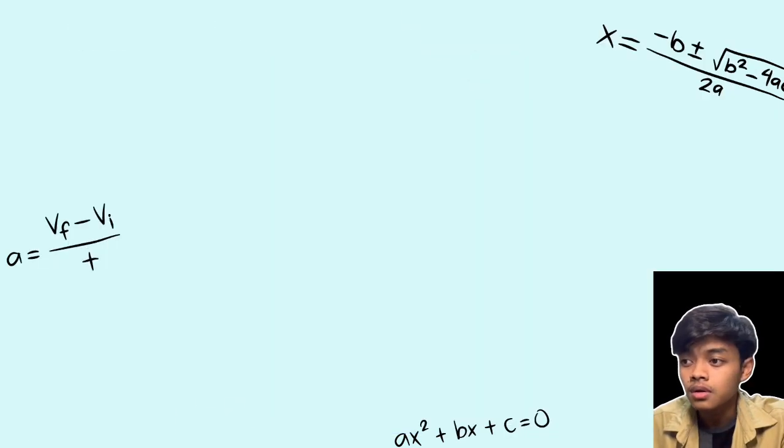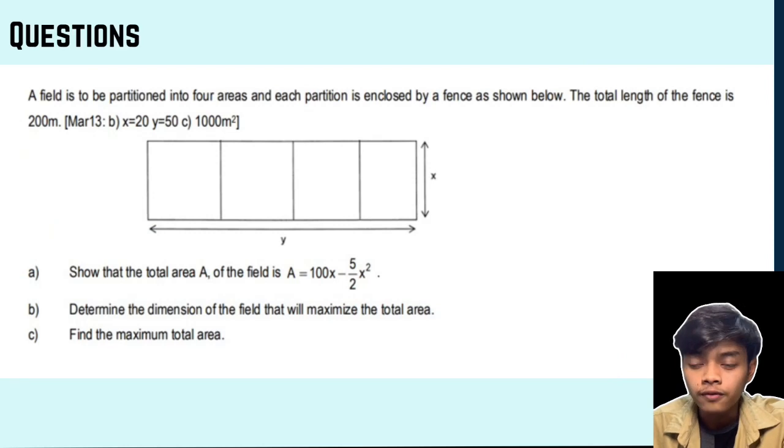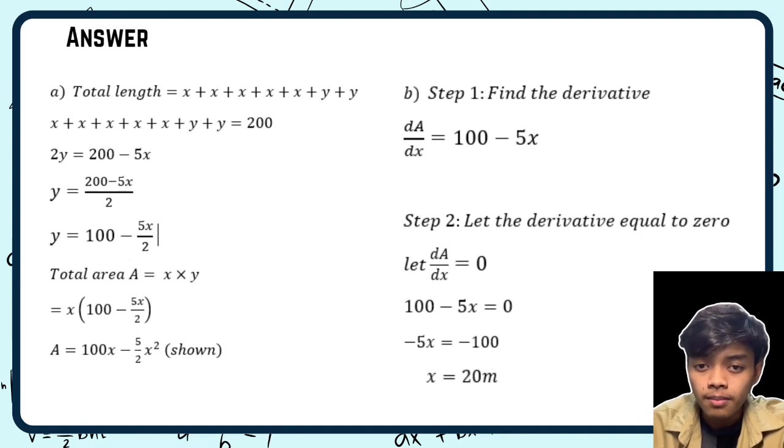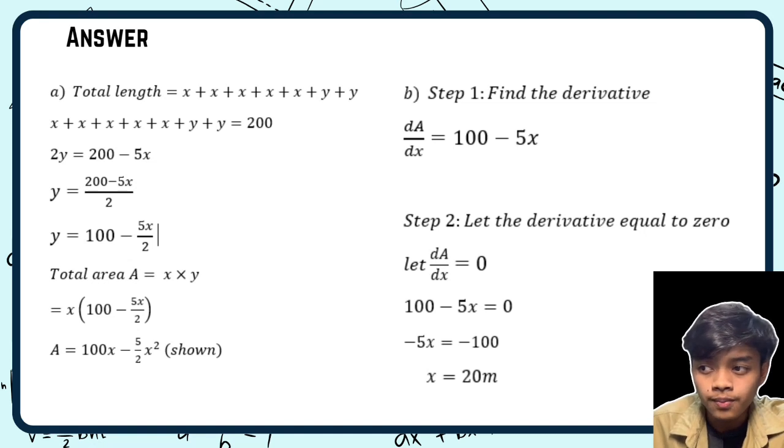Next, question 2a. To find the total area, we must multiply x with y, and then the total length equals 5x plus 2y. 2y equal 200 minus 5x. Move to the right side, and we get y equal 200 minus 5x over 2.